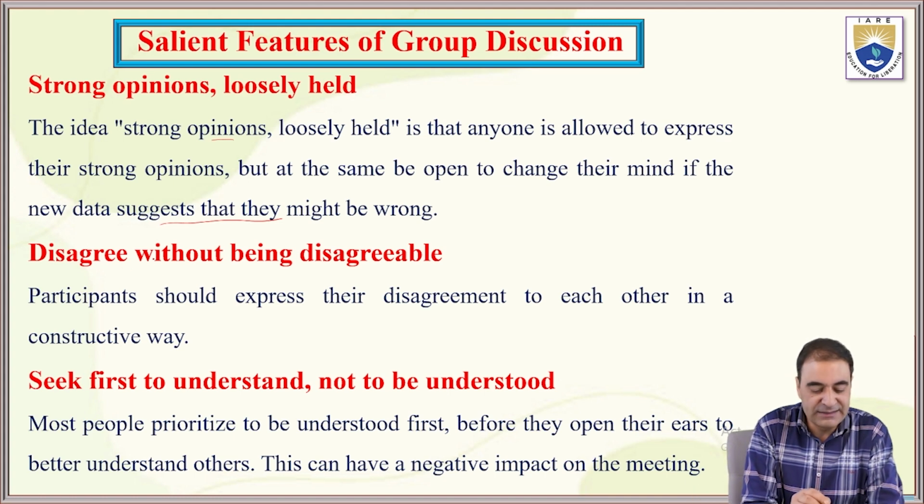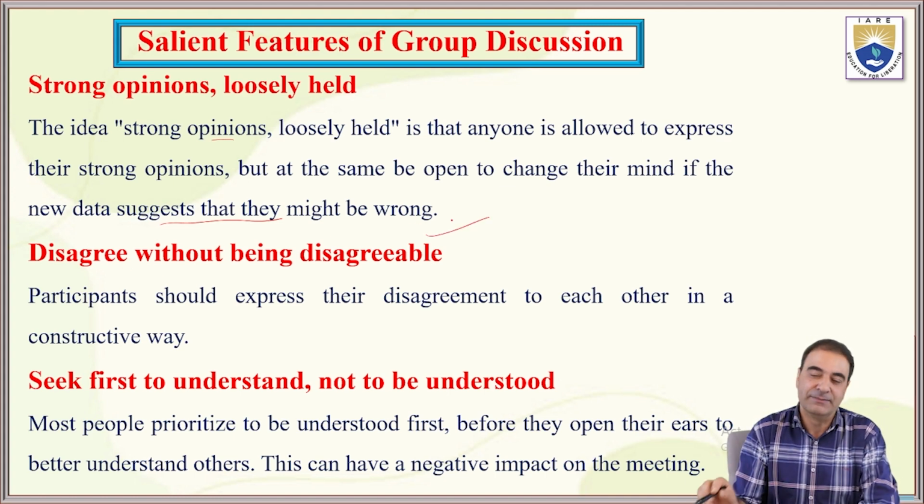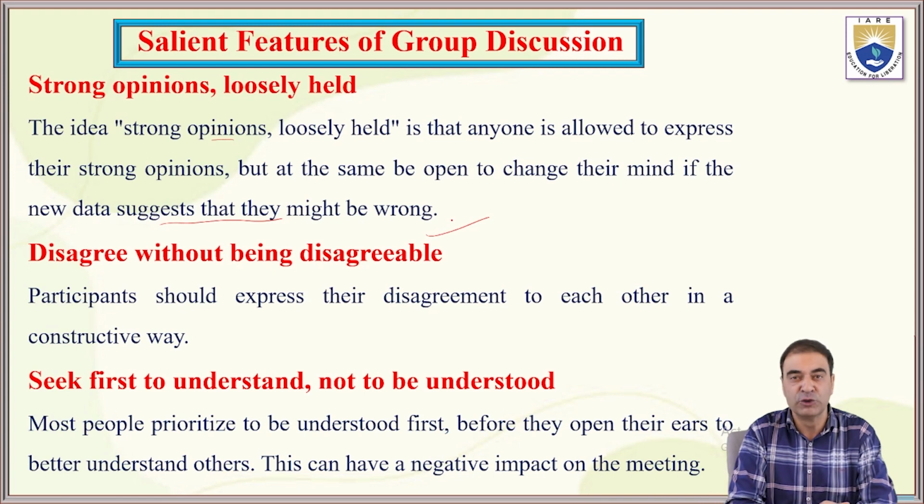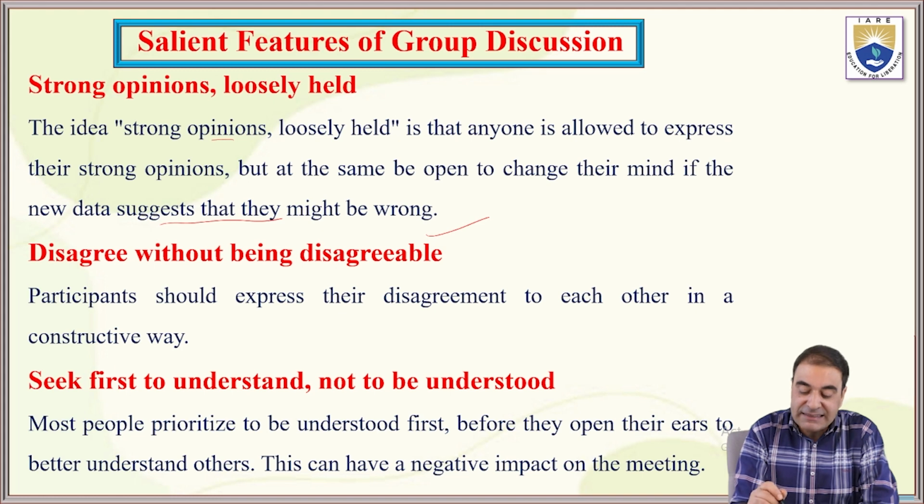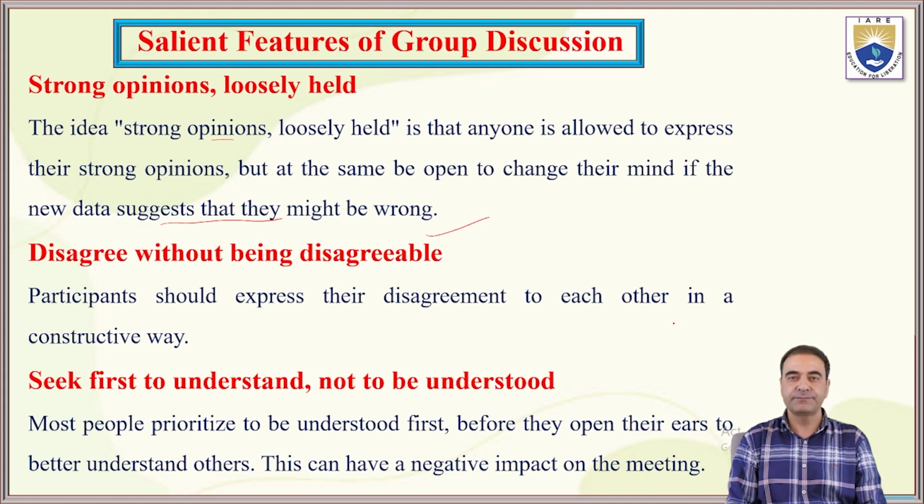Next one is disagree without being disagreeable. This is a very important one. Participants should express their disagreement to each other in a constructive way. Now, in any discussion, we have the right to disagree.